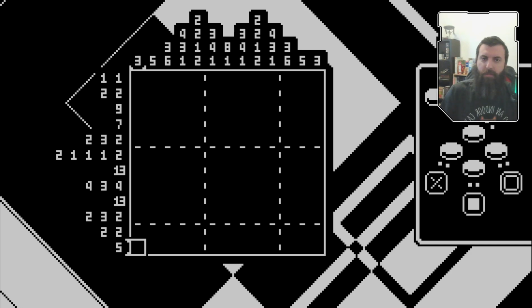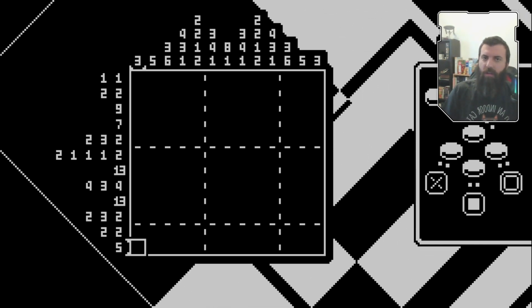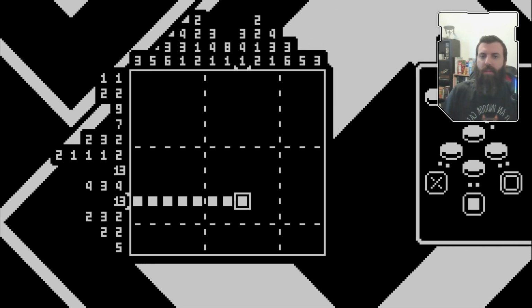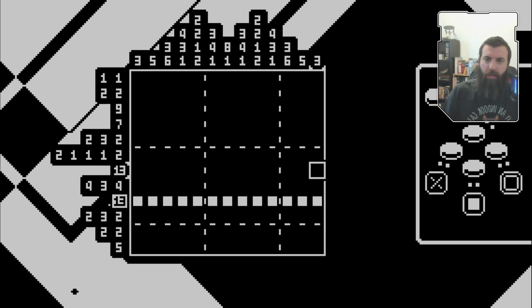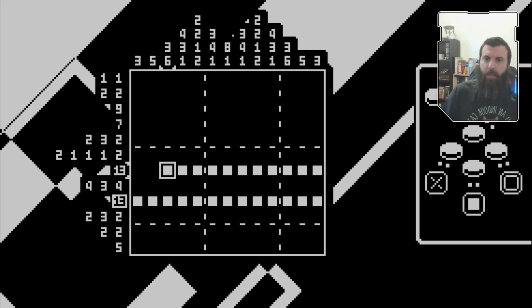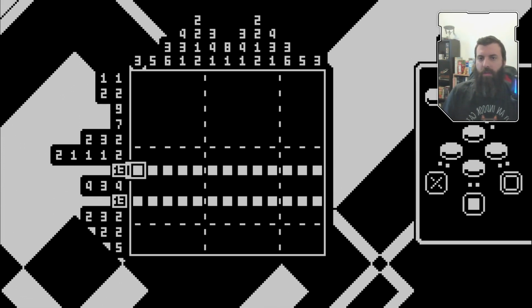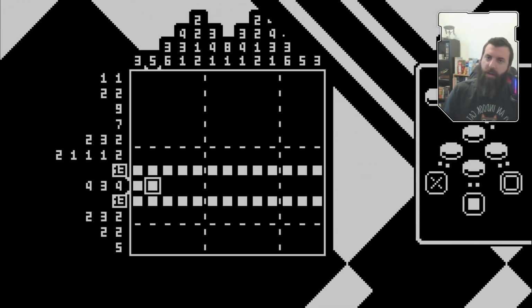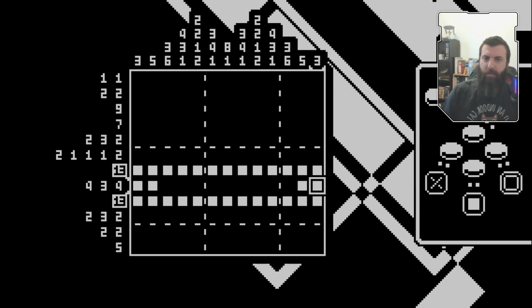B05 is 13 pixels wide and 12 pixels tall. At 13 pixels wide, these 13 pixel rows are completely filled in, so they're nice little gimmies. And with 2 pixels filled in, this vertical 3 is going to have a pixel here. Vertical 5 is going to have a pixel here. Same story over here.